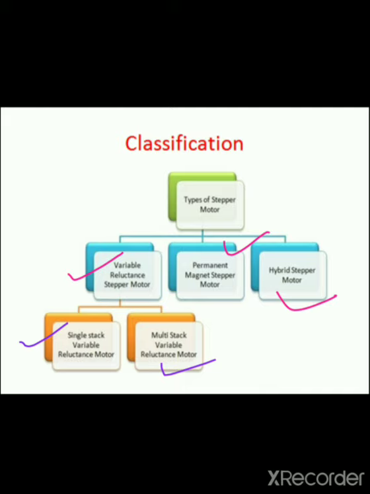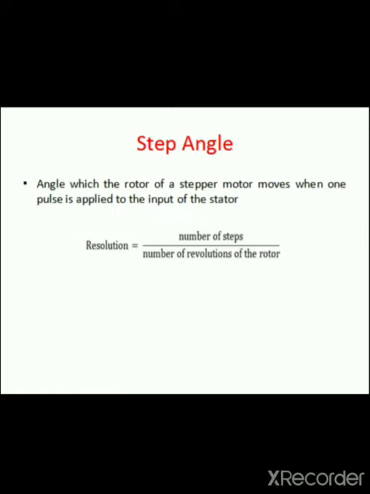Second type is permanent magnet stepper motor, and last one is the hybrid stepper motor, which is the combination of variable reluctance stepper motor and permanent magnet stepper motor. So the next point is step angle in stepper motor.